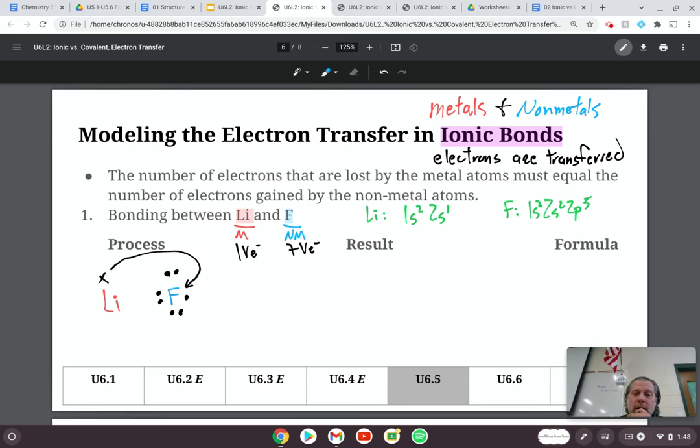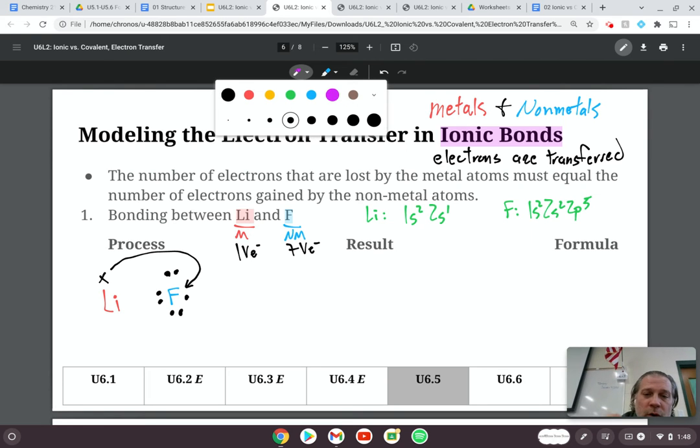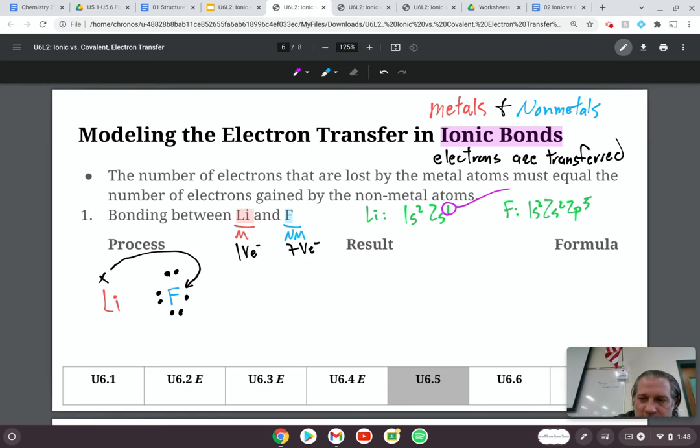Before I draw the result, what happened is this electron here got transferred to that spot there to give fluorine a noble gas configuration that makes it look like neon. And because lithium got rid of that electron, it now has the noble gas configuration like helium.